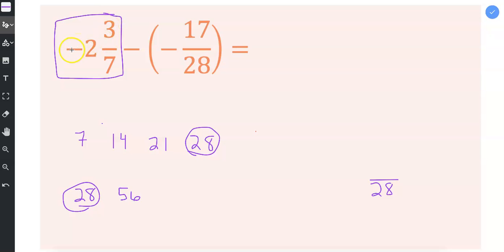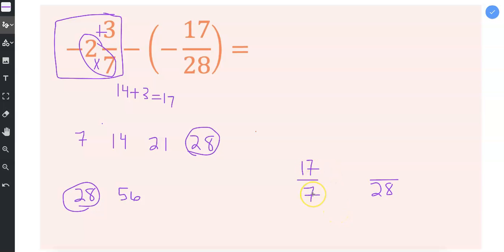For now, ignore this negative symbol in front as we change this mixed number to an improper fraction. 2 times 7 gives us 14, and then we add the numerator, 3, to get 17. So the improper fraction is 17 over, and you keep the denominator the same, so it'd be 17 sevenths.